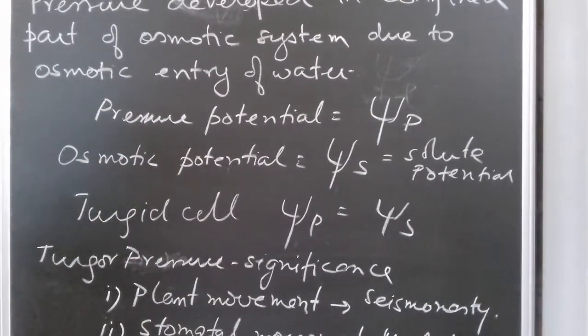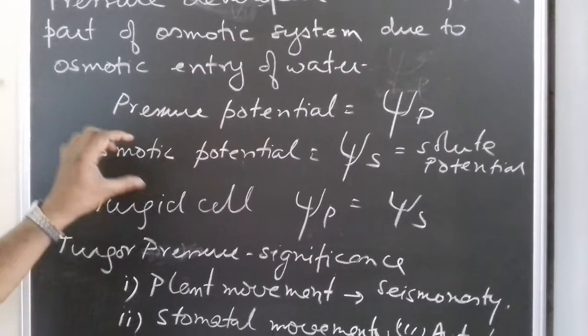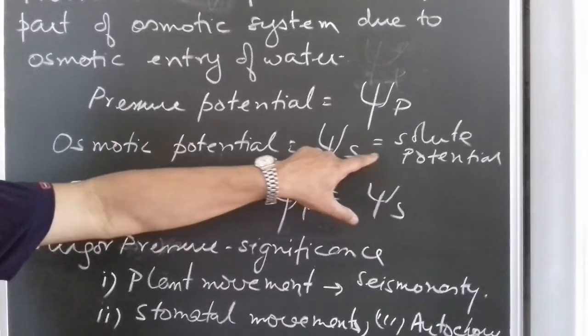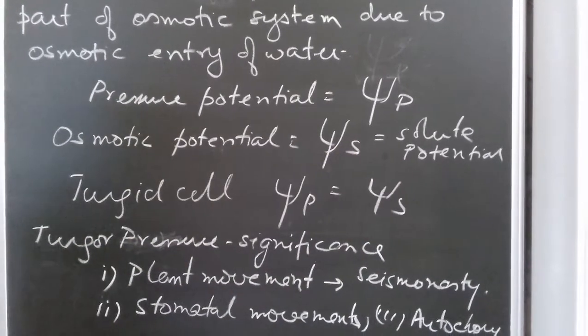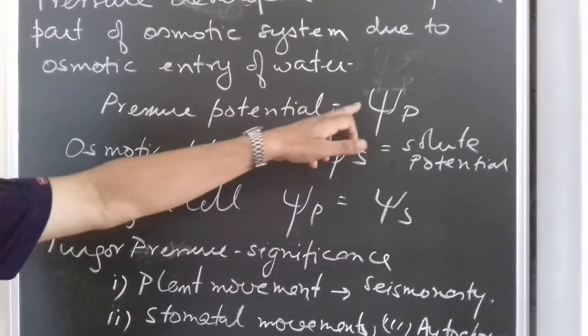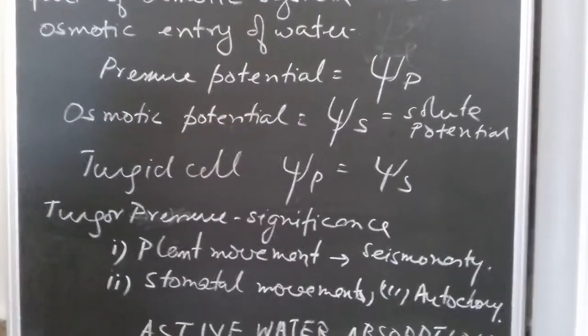Now we know that the osmotic pressure, or what we call osmotic potential, is psi s, which is also equivalent to the solute potential, and the turgor pressure we define as a pressure potential, which is psi p, or hydrostatic pressure that develops.